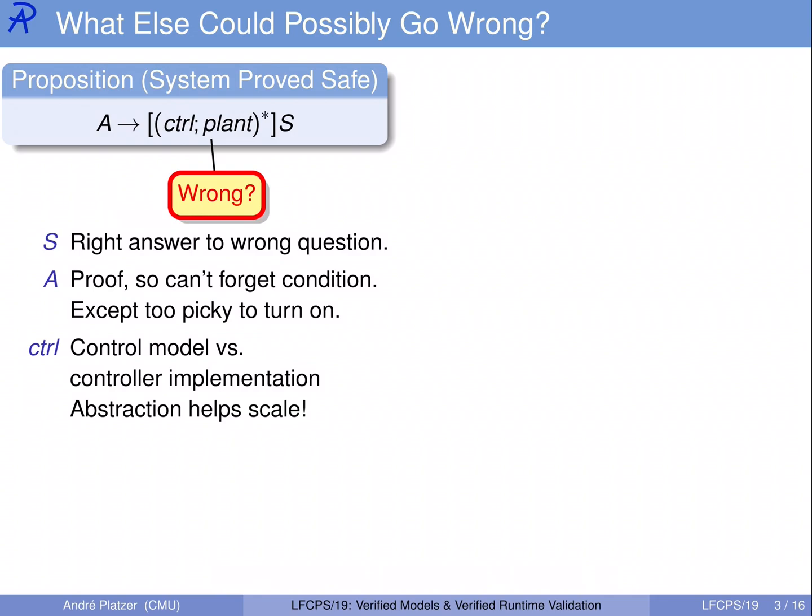So it's important that we get the plant model right. And that's, of course, where a lot of the subtlety starts, because the plant needs to describe the real physics, and real physics is non-trivial.